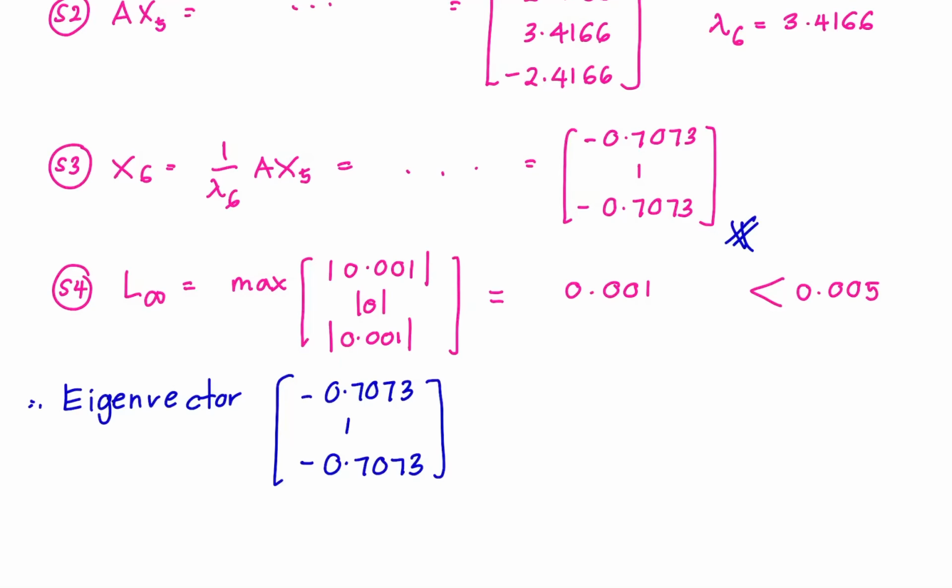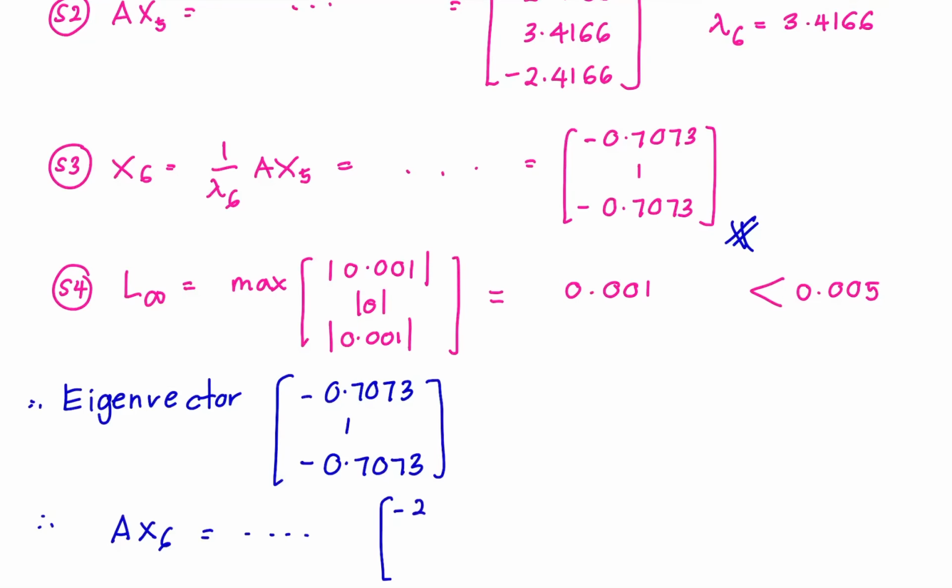Okay, so therefore, to find our eigenvalue, we need to calculate one more iteration, which means ax6. So finding ax6, right?